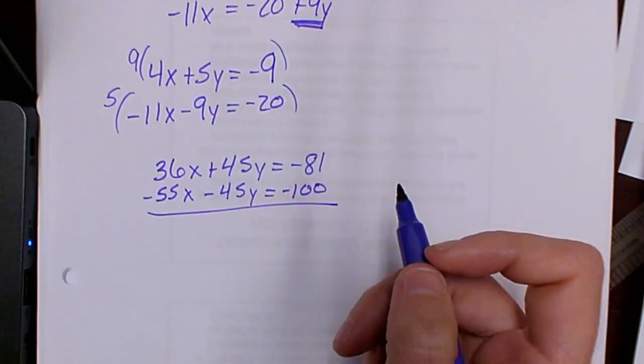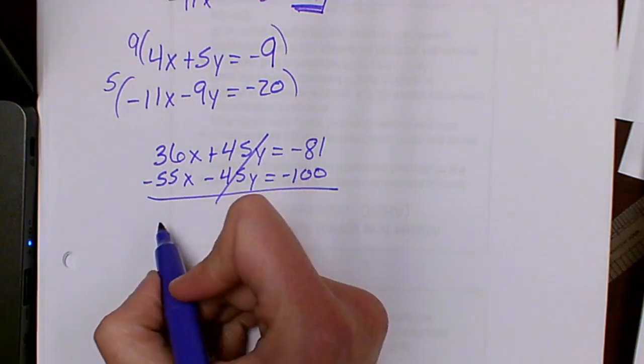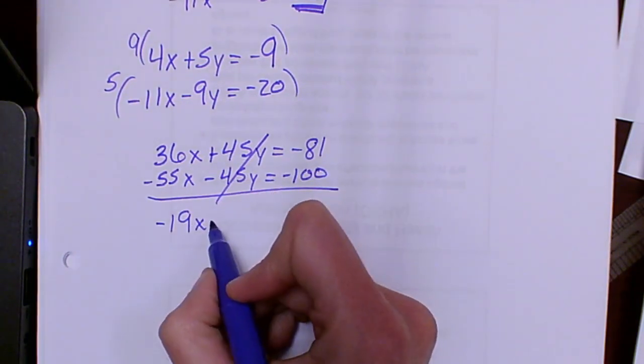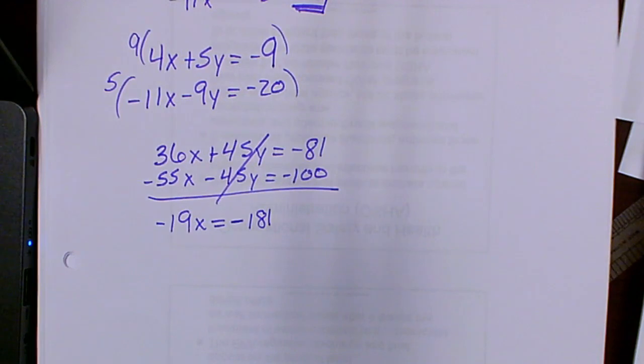Now we're getting into some deep numbers here. 55 minus 36, that will be 19. Take the sign of your bigger number, and then that'd be minus 81. So 181 divided by 19. I don't know if this will work.